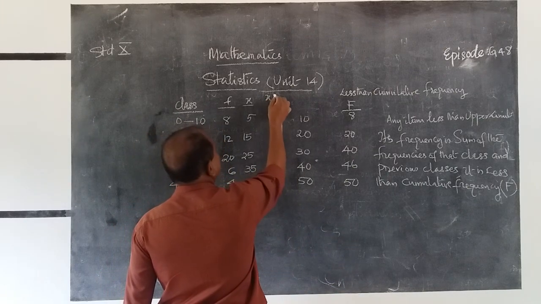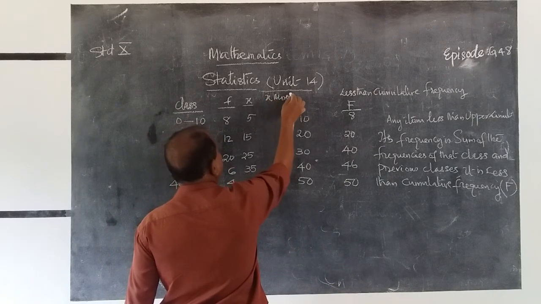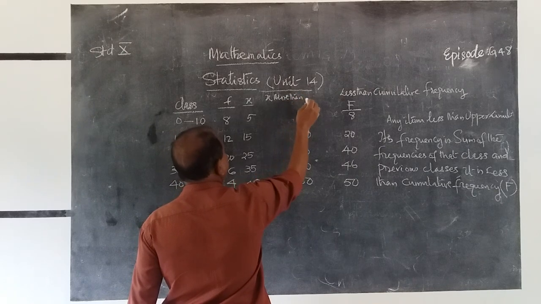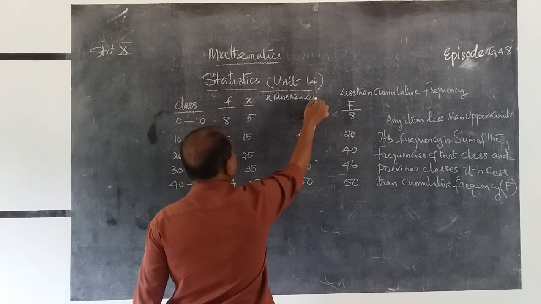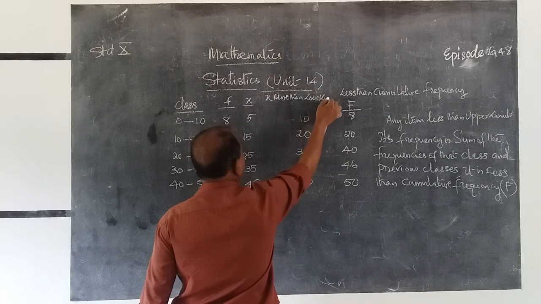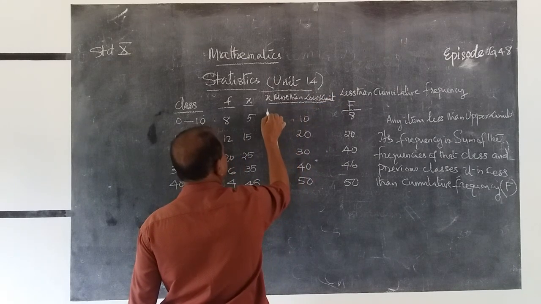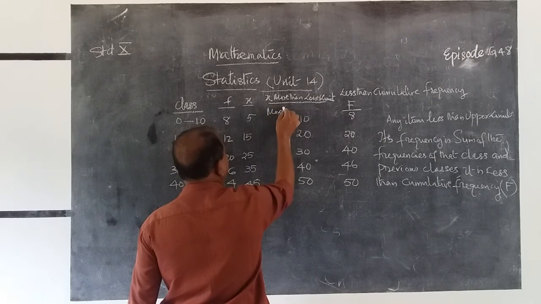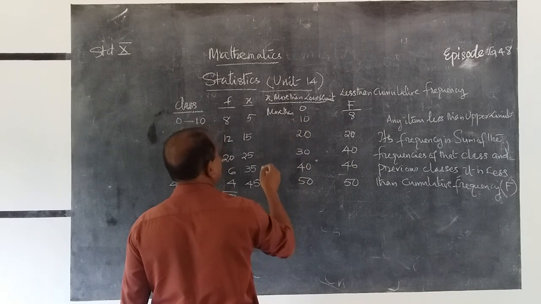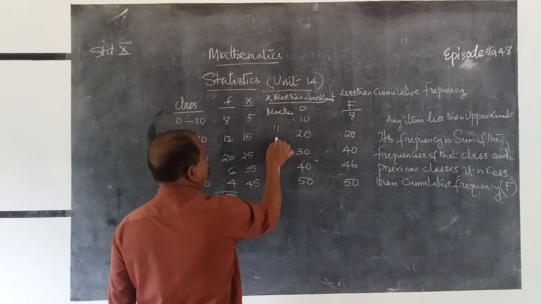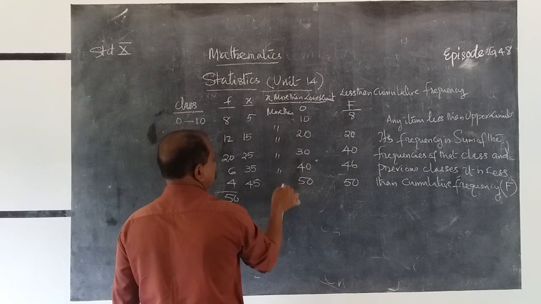Then x more than lower limit, that means more than 0, then more than 10, 20, 30, 40, 50.